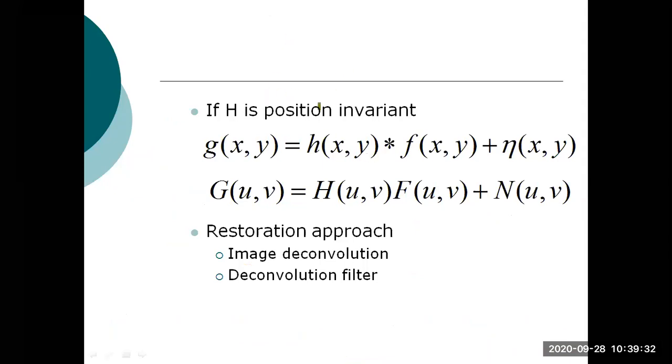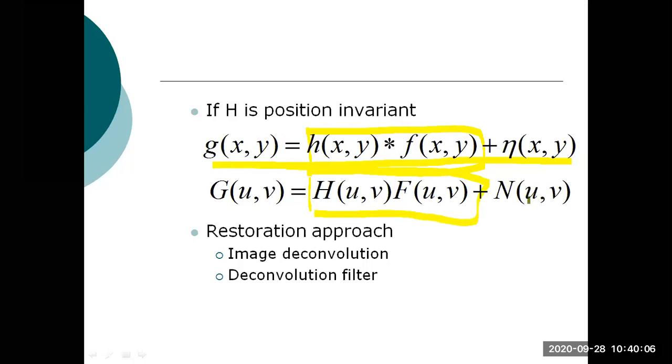So this is our spatial representation and frequency domain representation. Simply we are replacing the above function with a simplified version. In the spatial domain, this h is the impulse response of your system, that is your degradation function, and the star indicates convolution. But in the frequency domain, they are multiplied, and this is also replaced with capital letters.